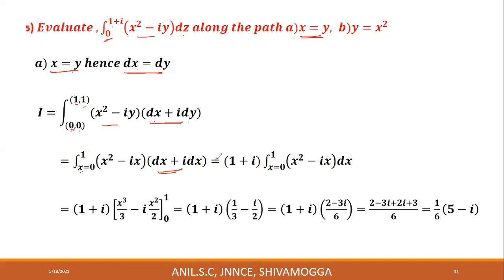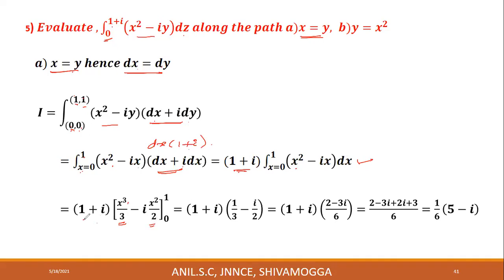Therefore, this is equal to 1 plus i into, if you take dx as common factor, you get 1 plus i inside the brackets. And you keep this 1 plus i outside, x square minus ix into dx. Therefore, 1 plus i into the integral of x square, which is x cube divided by 3, minus i into the integral of x, which is x square divided by 2.